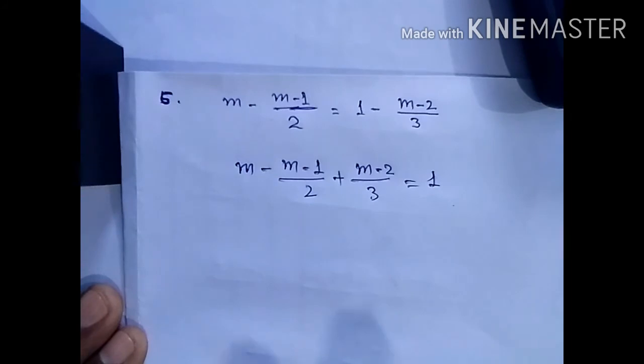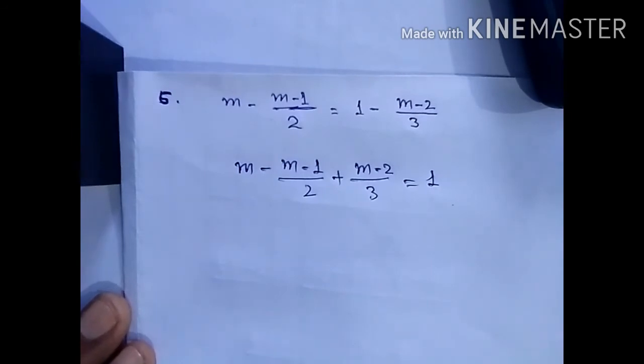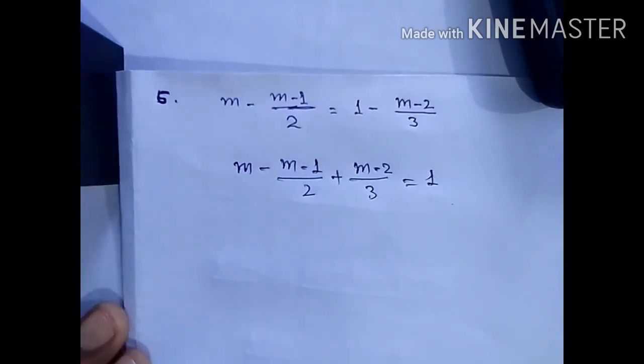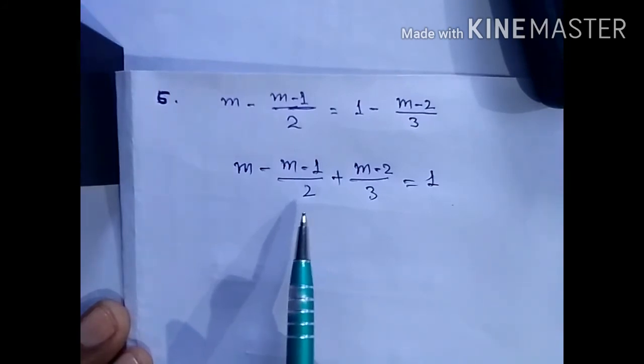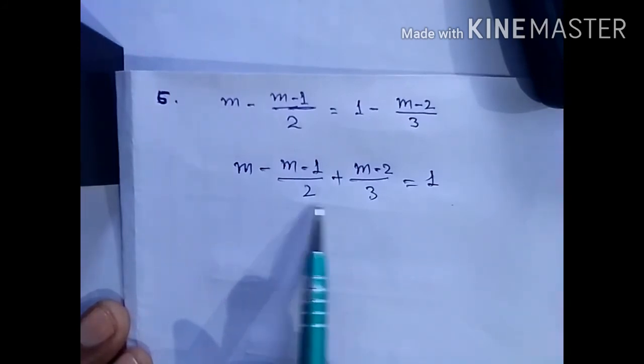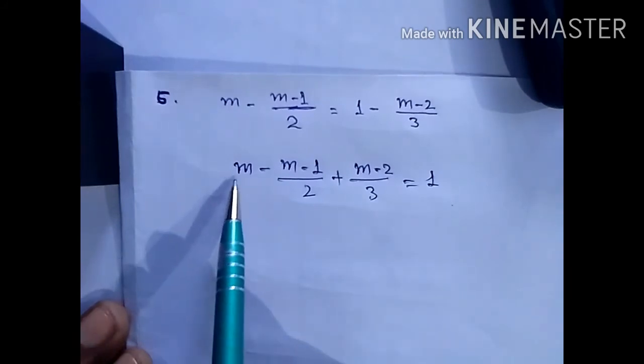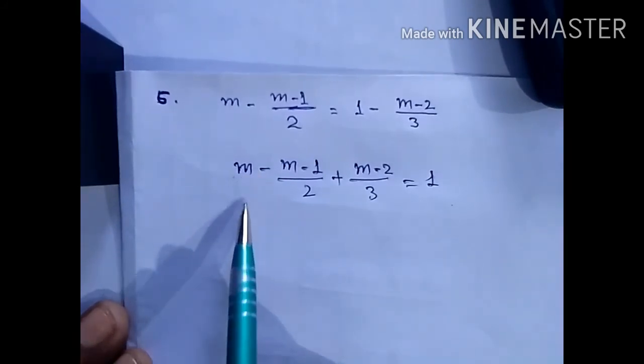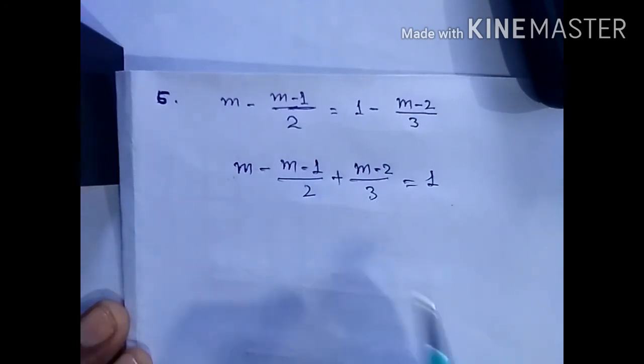So this one is the first step, student, and in this step we have transposed the variables to one side and the numbers to the other side of the equation. After doing so, in the next step we will take the LCM of the denominators. Students, here this one is m by 1. So LCM of 1, 2 and 3 will be 6, student.